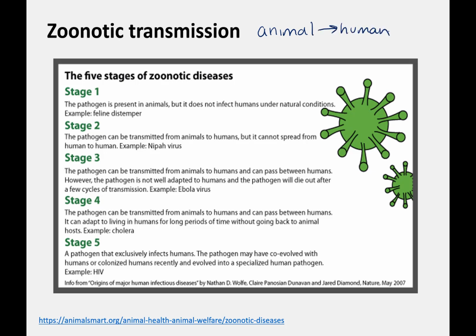So if your virus is a zoonotic virus, take a look at which stage it is in the zoonotic diseases. Okay. For example, Ebola is already in stage 5, which means, I said Ebola and I wrote HIV. HIV is already in stage 5. Okay.